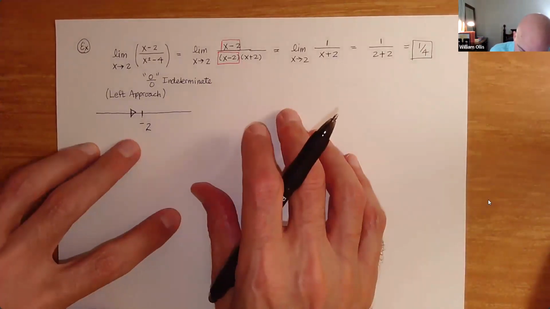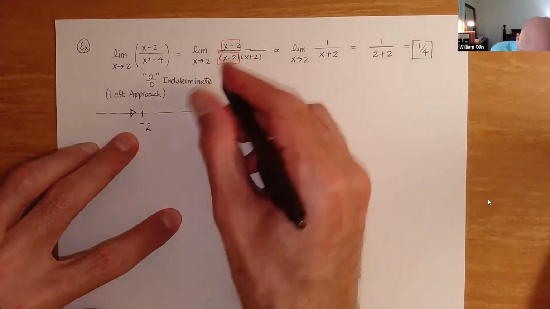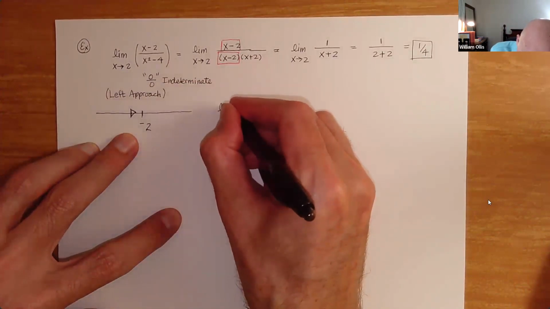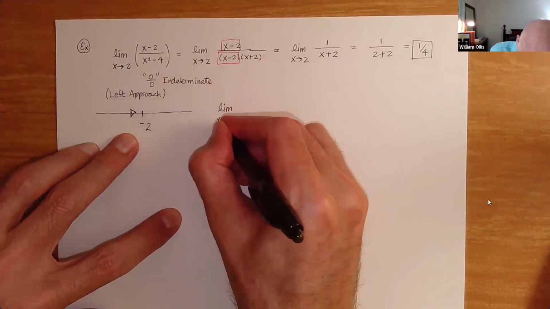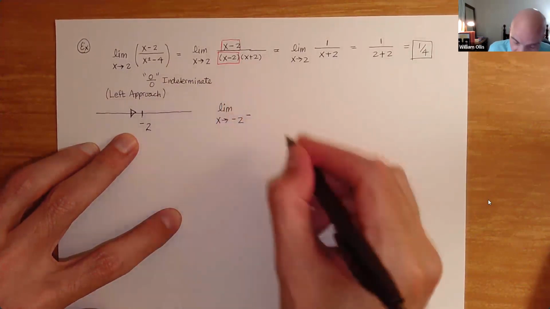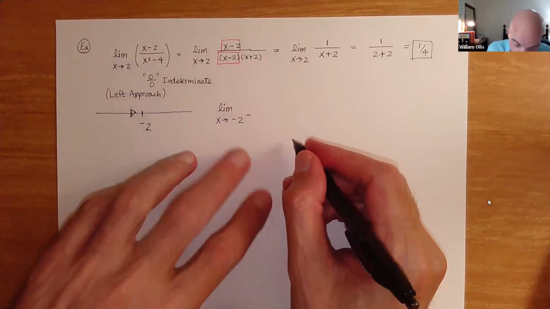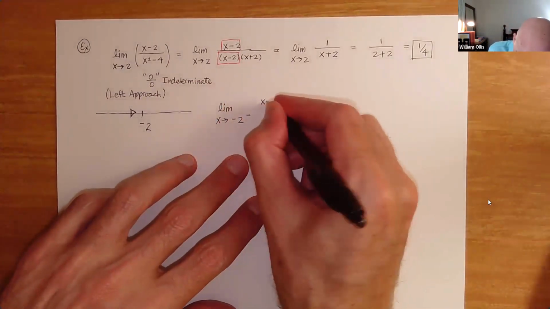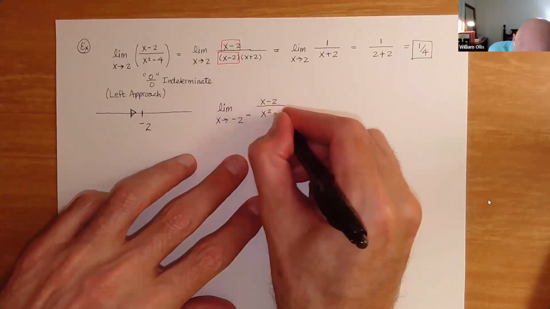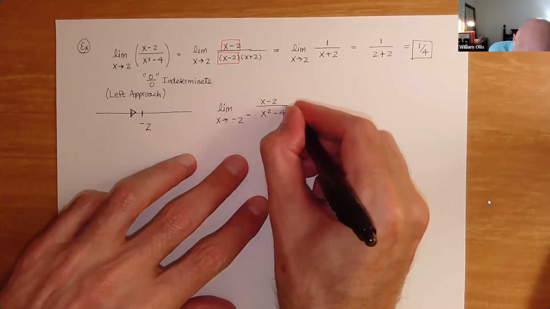In this case, we've got a very different situation. Again, we've got a left limit. So I'm going to say the limit as x approaches negative 2 from the left, the minus meaning approach from the left, of x minus 2 over x squared minus 4.